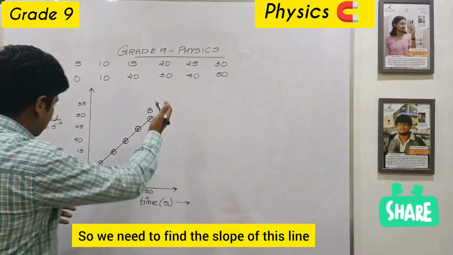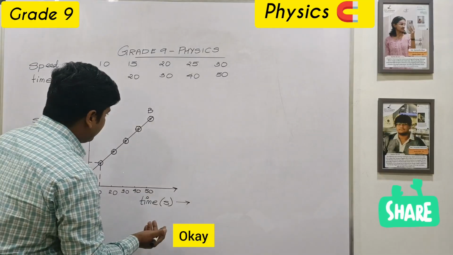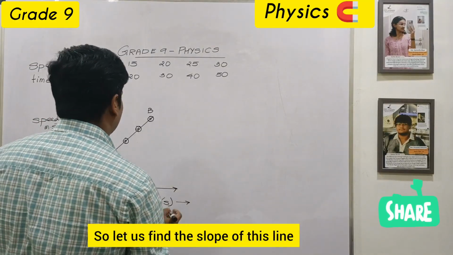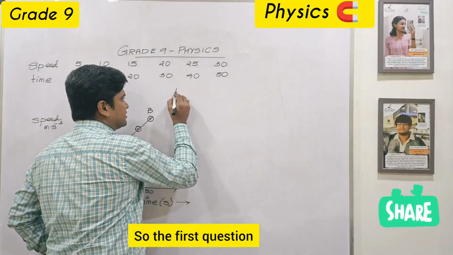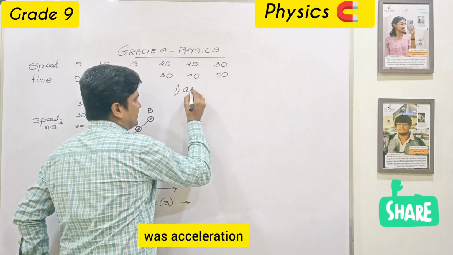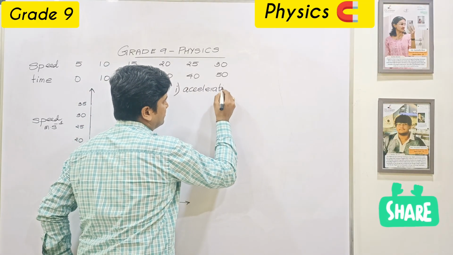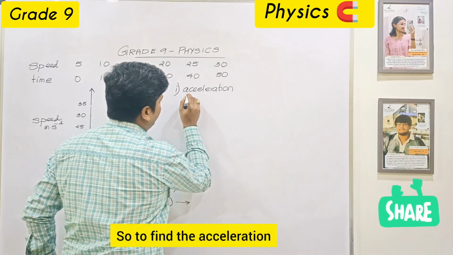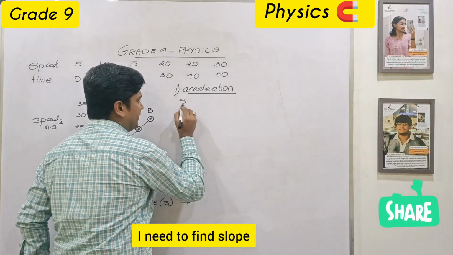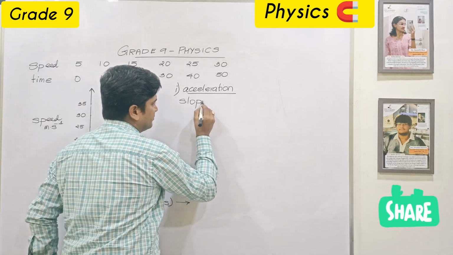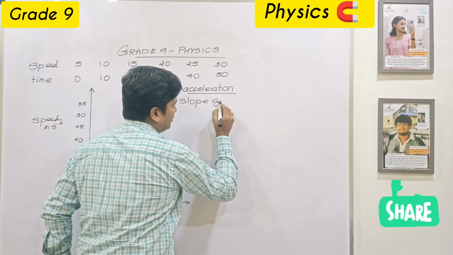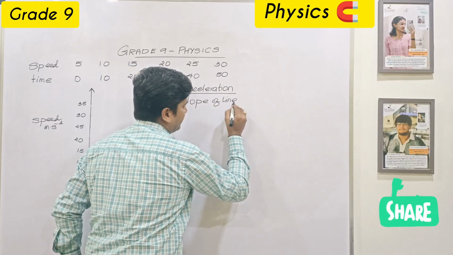So we need to find the slope of line AB.